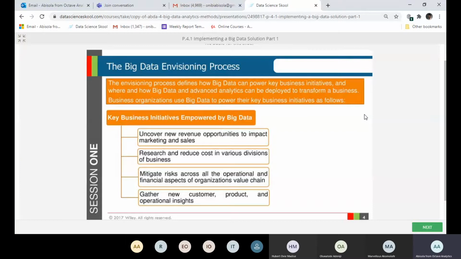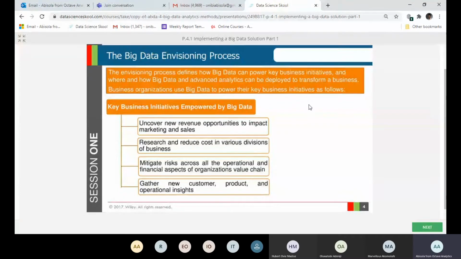So, key business initiatives empowered by big data. Uncover new revenue opportunities to impact marketing and sales. So you want to get new revenue opportunities that will help you impact marketing in the organization. They've been marketing and doing sales over a period of time, but you want to see if there are new opportunities that can help marketing reach more people or make higher sales that will drive more profits to the organization.